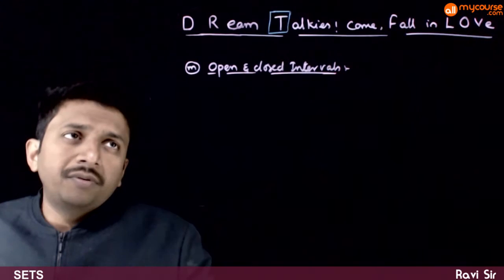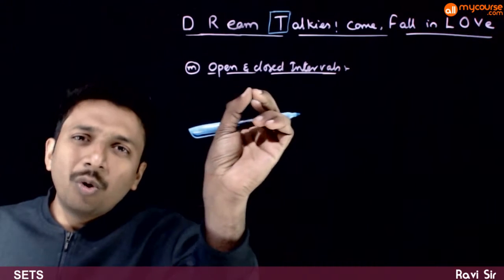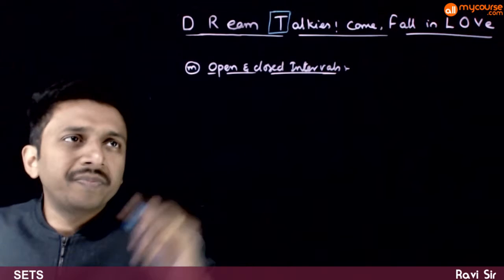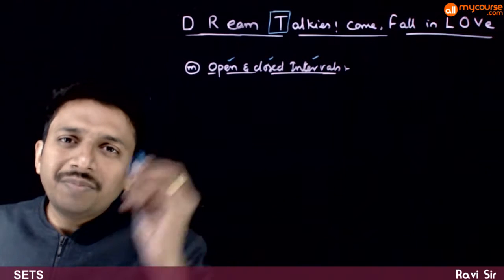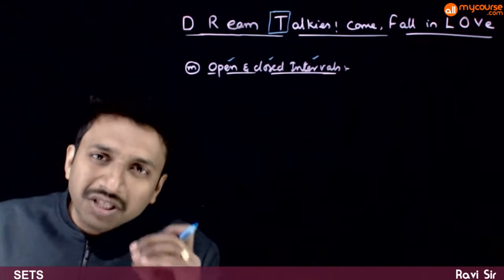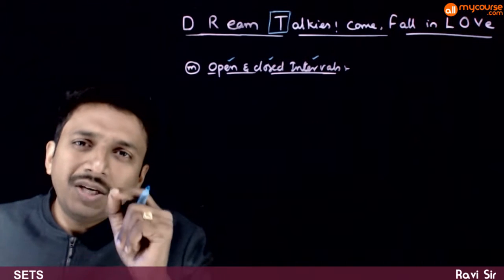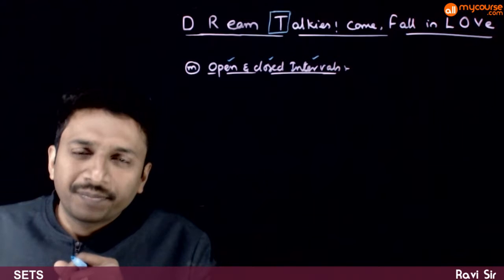So before going forward, we need to understand the last term, which is open and closed intervals. So what is the meaning of these intervals? In many questions which come afterwards, you'll be asked to solve equations and inequations.